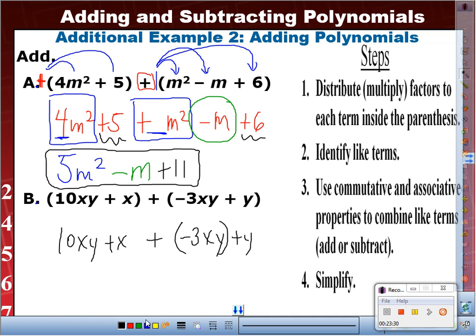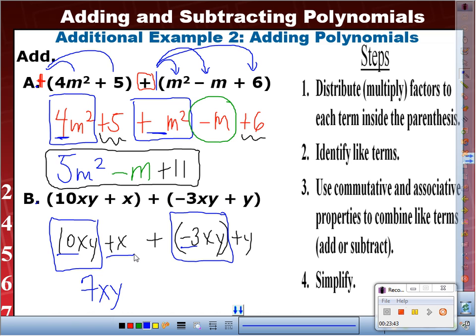So, with that said, box this one, this is 10xy. Box this one, so let's see, x, y. What is 10 minus 3? 7. Is there another x? No. Bring that down. Is there another y? No. Bring that down. And we're done. Any questions with addition?